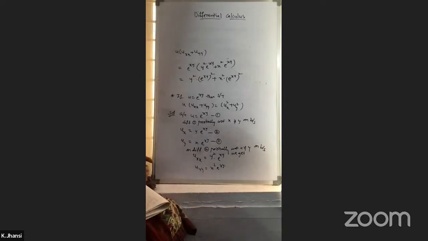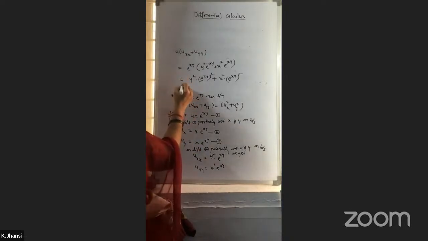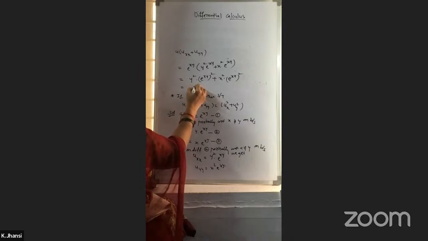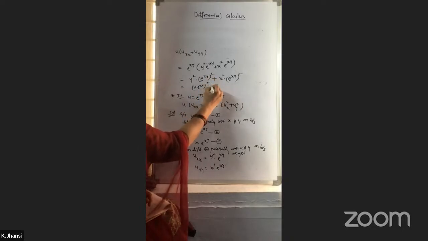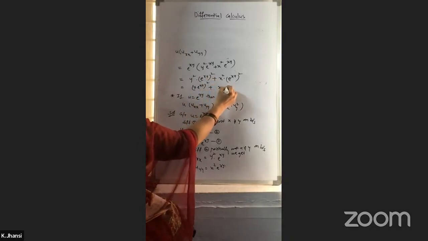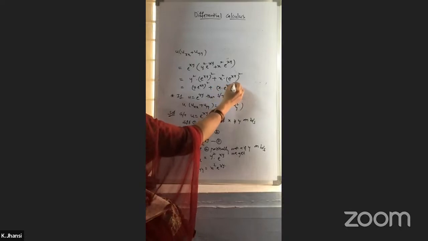So we need to show ux whole square and also uy whole square. What is the ux value? That is, y is there, so y square into e to the power of xy whole square. This equals y into e to the power of xy whole square, and we can write it like this. When you take out, y into e to the power of xy whole square plus x into e to the power of xy whole square.